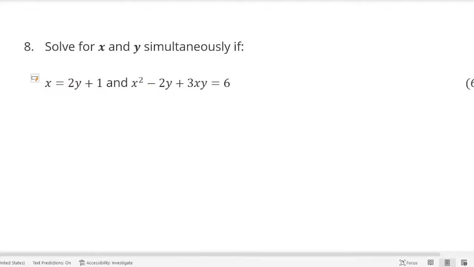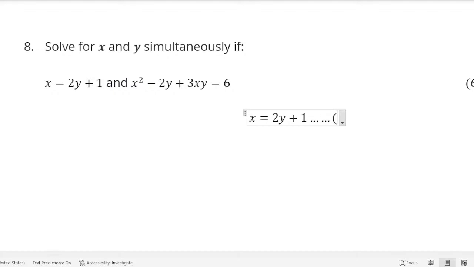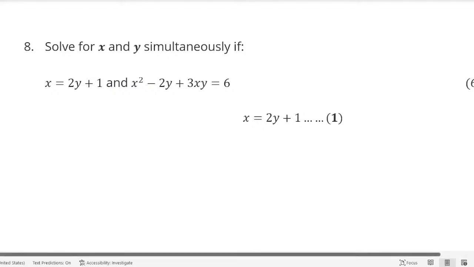Alright, x is equal to 2y plus 1, then this one will be equation 1. Then this one we put as equation 2.